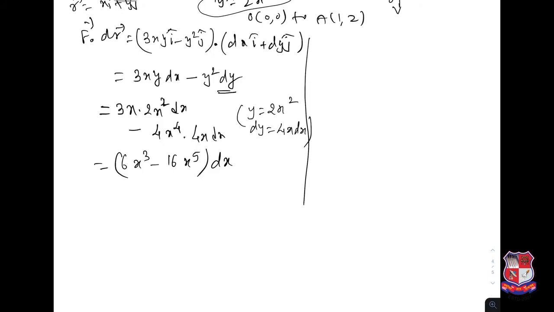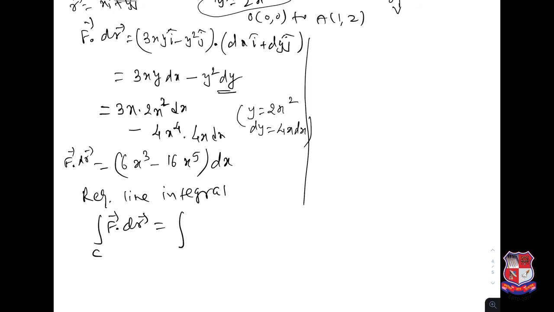We didn't do any parameterization. So the required line integral is integration f dot dr, that is, integration of 6x cube minus 16x power 5 dx.